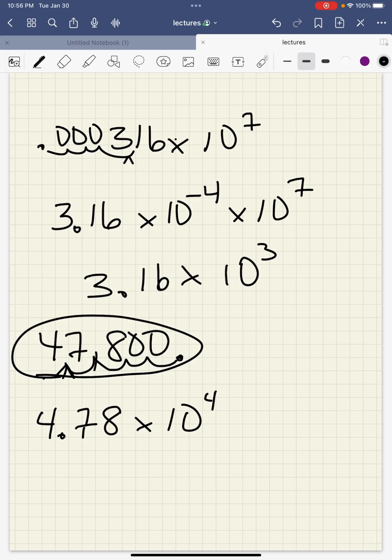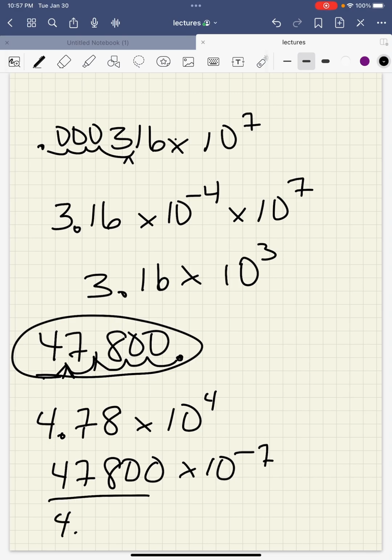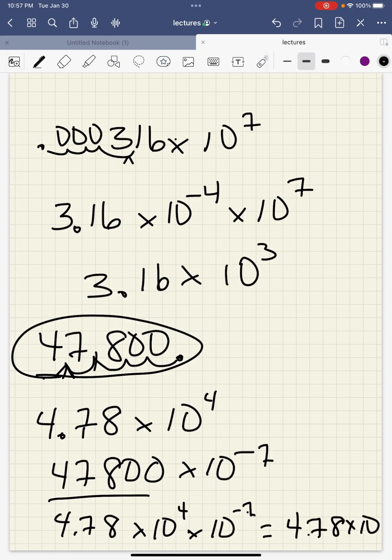Okay, then we have that same number times 10 to the negative 7. So we will begin by writing this one as 4.78 times 10 to the positive 4, and then bring down the times 10 to the negative 7. So we'll end up with 4.78 times 10 to the negative 7 plus 4, which would be negative 3.